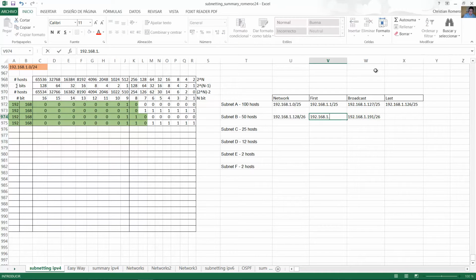Allow the first one next to the network, 129, and the last IP one before the broadcast, 190.